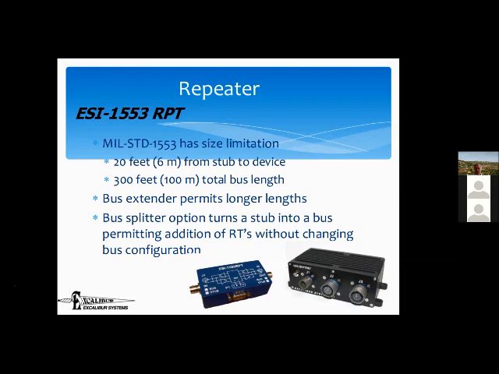So depending on the particular needs, one will be more appropriate than the other. So with those, you can extend a bus from 300 feet to 600 feet, and you can extend a stub from 20 feet to 40 feet.